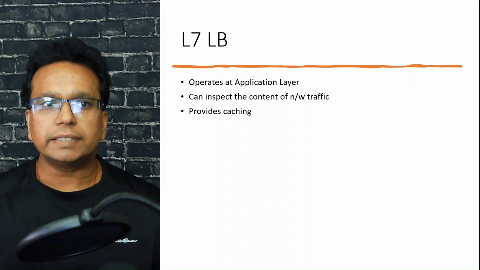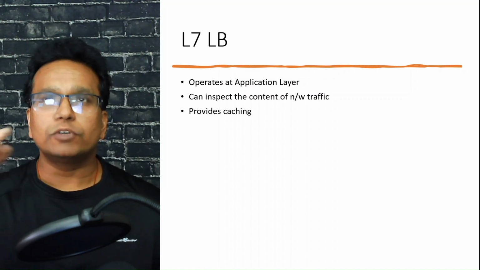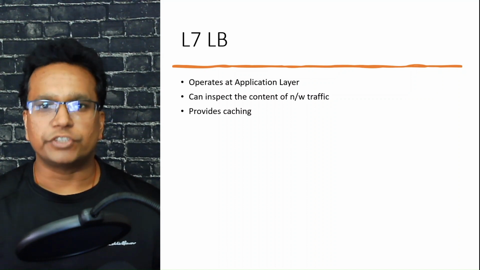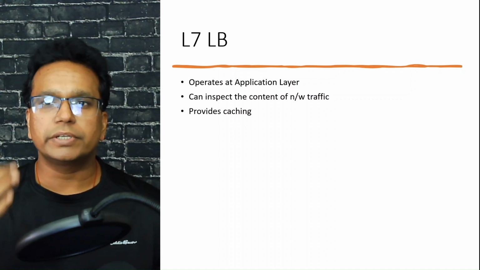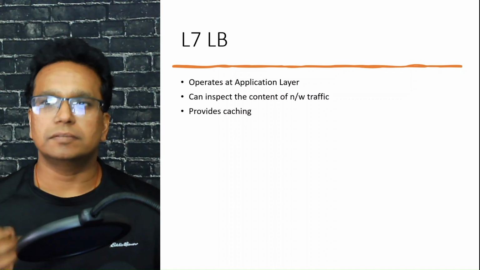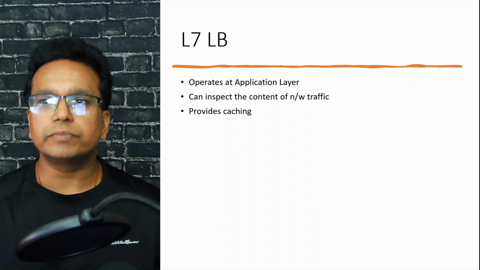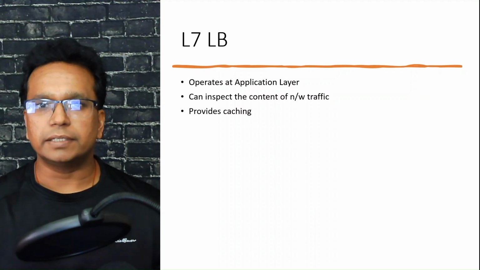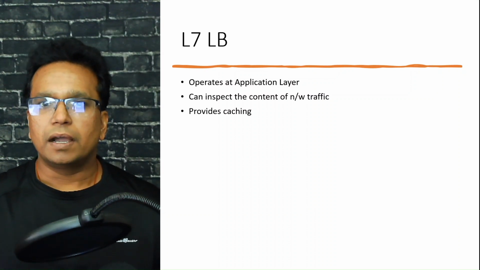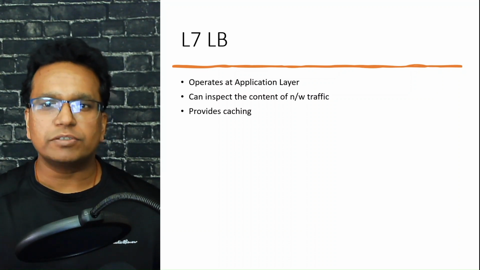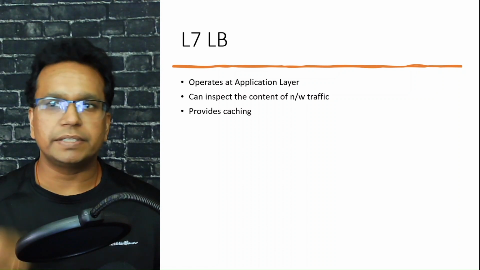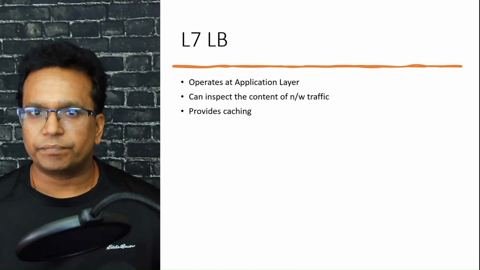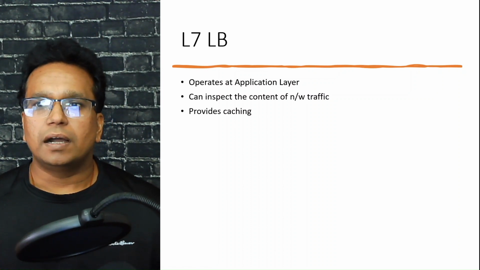The other thing is that the L7 load balancer provides caching. By caching frequently accessed content, L7 load balancers can reduce the load on the backend servers and improve the speed and reliability of content delivery. They can cache the content at different layers of the network such as HTTP, TCP or SSL, right?